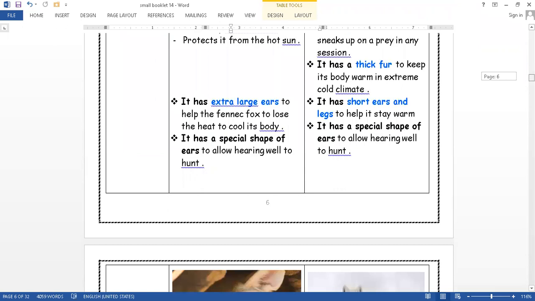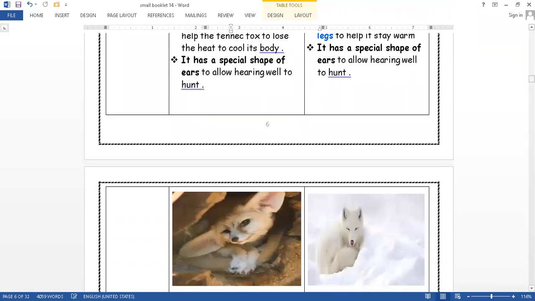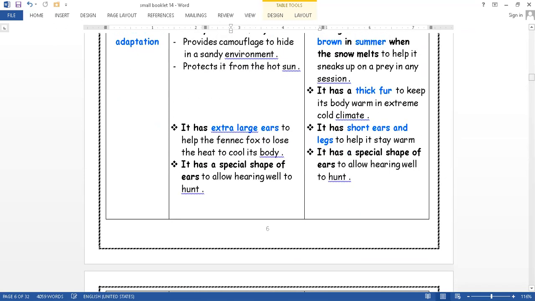Now, if we take a look at these two animals, we will find that both of them have a different shape of ears. We will find that the fennec fox has very long ears, junior 4. Why? Very long ears to help the fennec fox lose heat to feel cool.